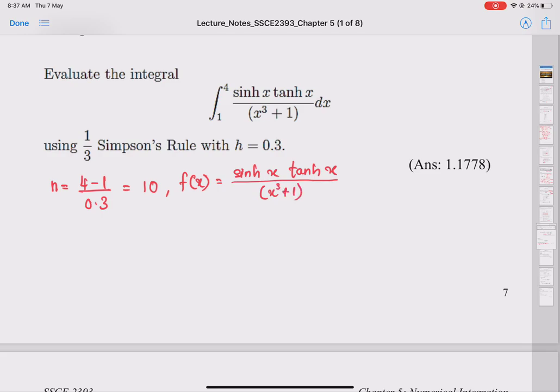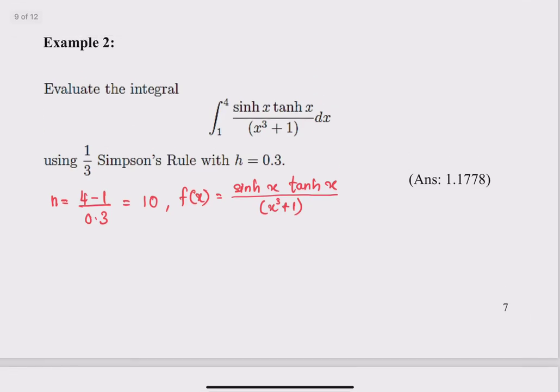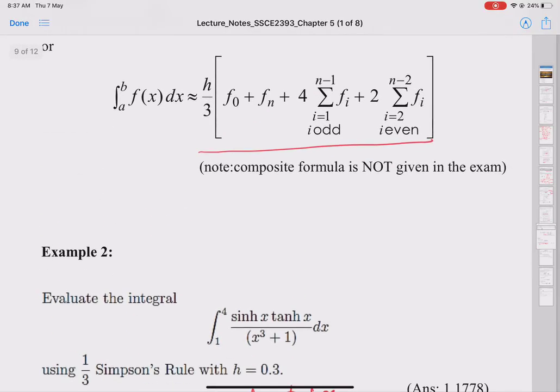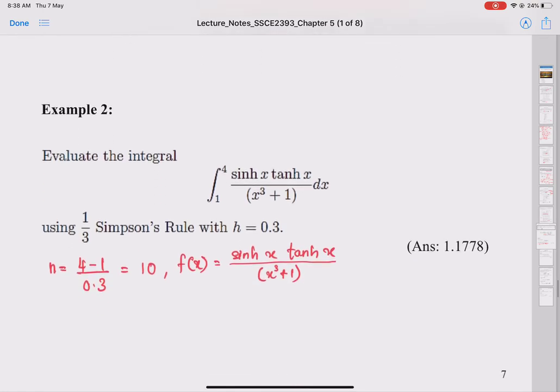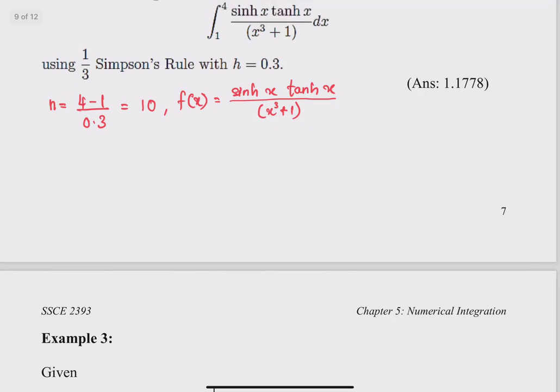From the composite formula, you also know that you have the summation of two values, the first and the last one, and then you also have the summation of odd and the summation of even. And now your n is equal to 10. So here what you can do is make your table, like in the previous example for the trapezoidal rule.